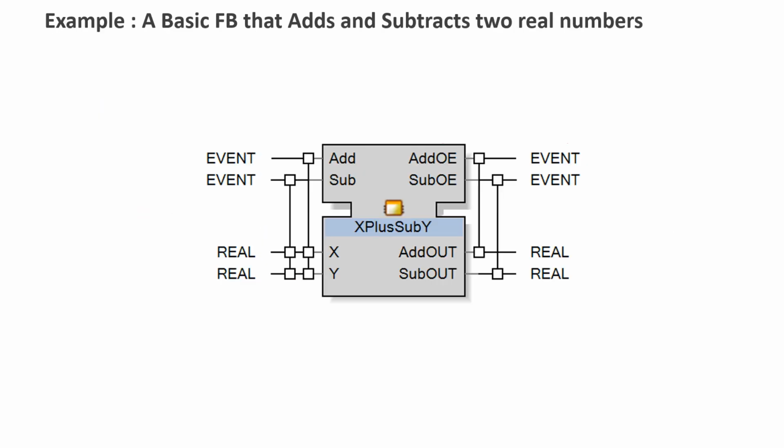Now let's see how we could extend this function block by adding one more function to it, and that function will be subtraction. Subtraction will be calculated as yet another output. Here we have an add output and a sub output.